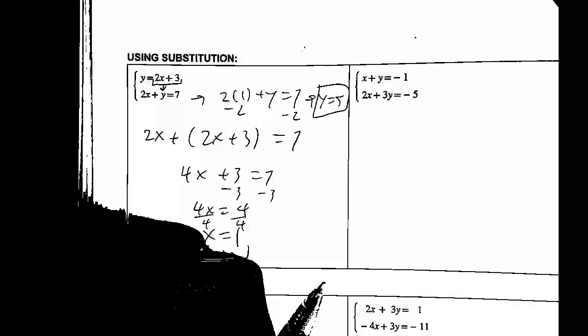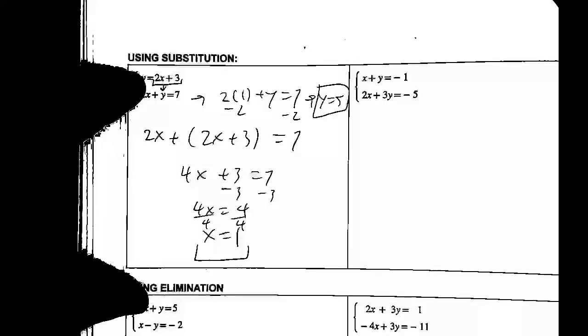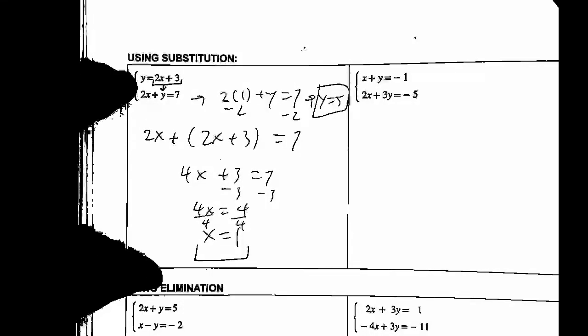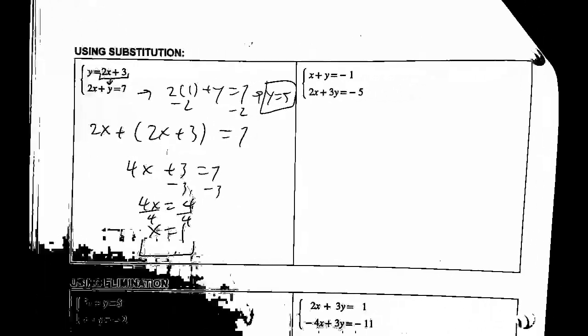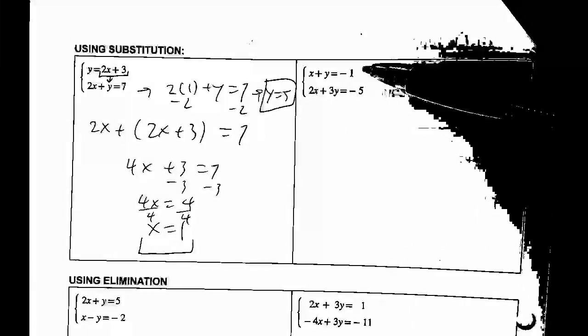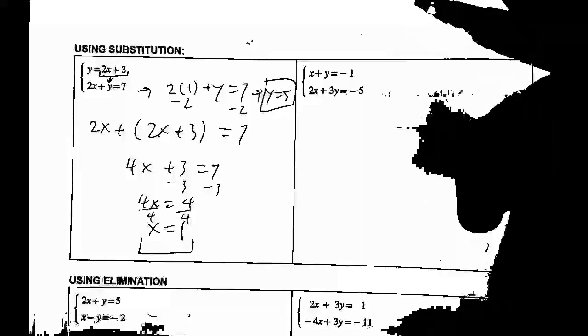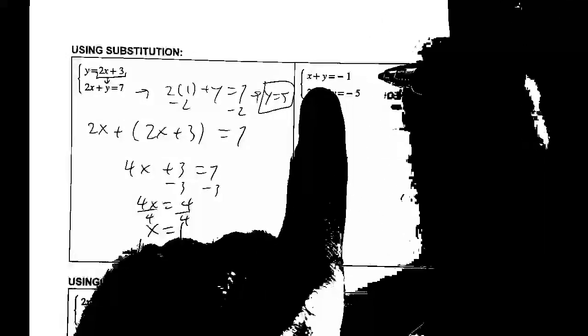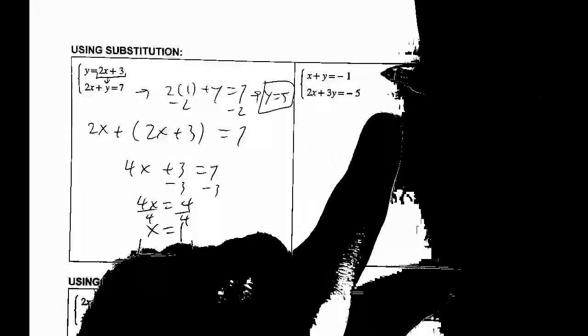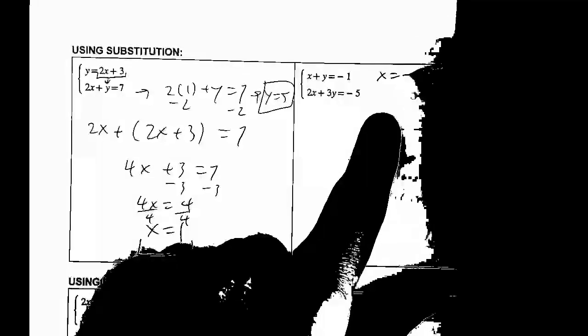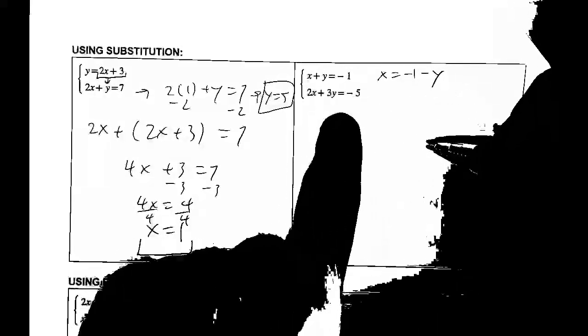I got x, and I plugged it into this equation. You could have done this one too, and you would get 5. Here, notice how no one variable is immediately isolated, but we can make them isolated right here. So I can say that x equals -1 minus y, right? All I did was move the y over.